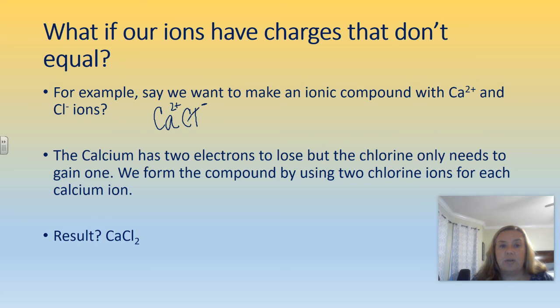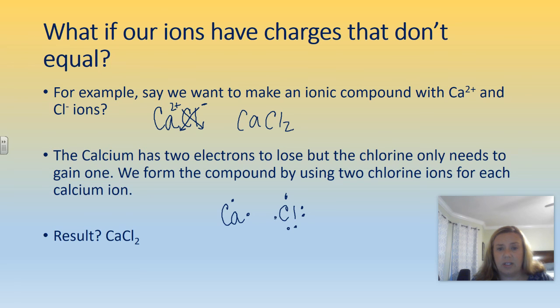So we can do good old crisscross applesauce where we bring the numbers down. So this 1 goes right here and the 2 here. Thus we get CaCl2.